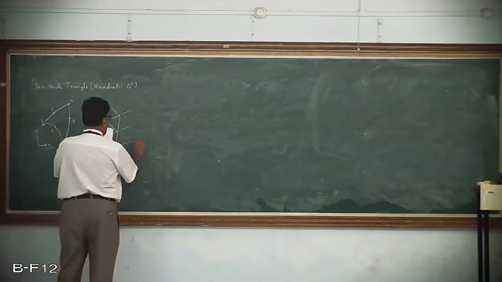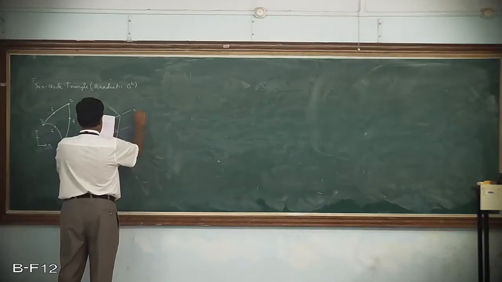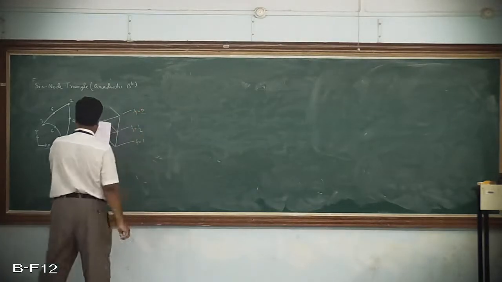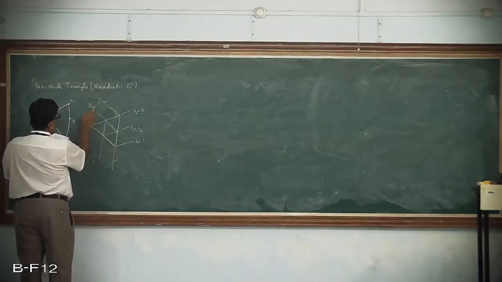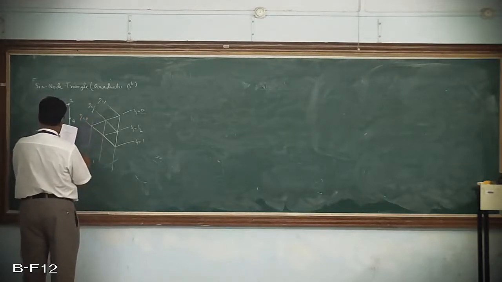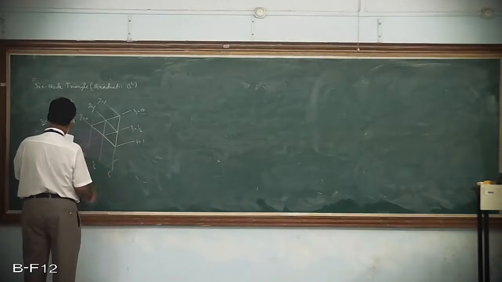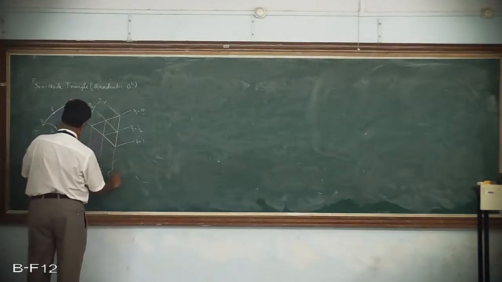This is zeta equal to 1, zeta equal to half, zeta equal to 0, eta equal to 1, eta equal to half, eta equal to 0. And for this one, we define another term here, that is gamma, like this. This is another 1, half and 0.